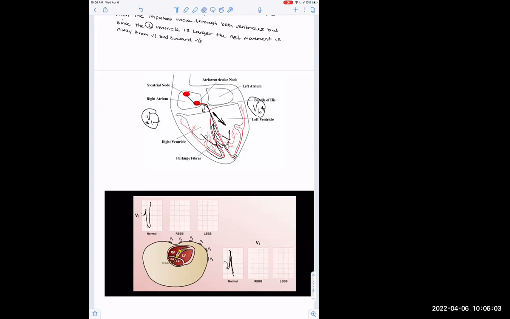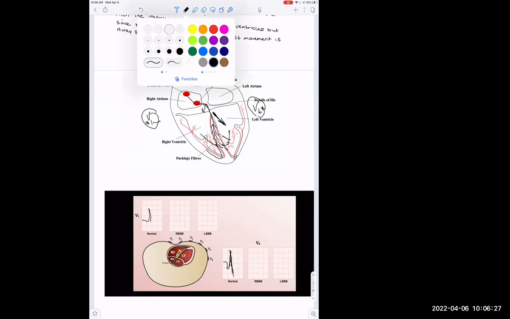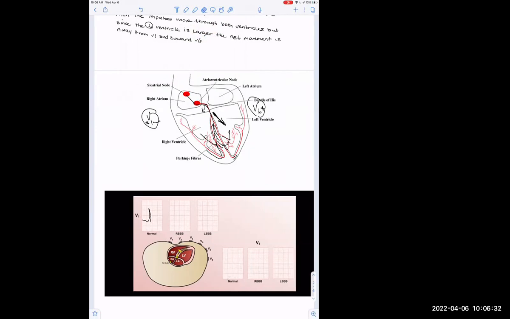Again, excuse my artwork. So what this will look like is something like this, and this will look like this. Okay. Everyone with me there?